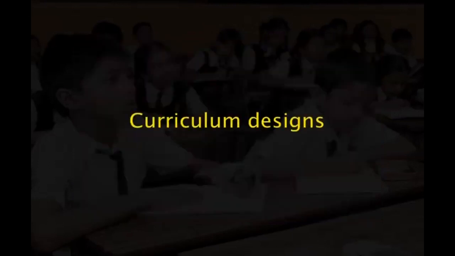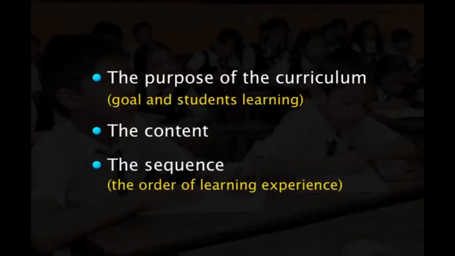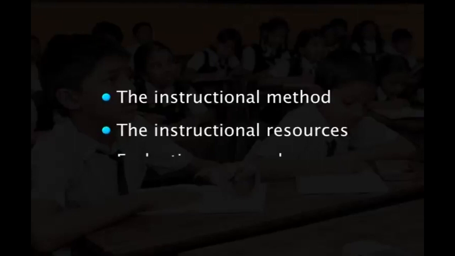Curriculum designs. The curriculum is an academic plan which should include the purpose of the curriculum, that is the goal and students' learning, the content, the sequence, that is the order of learning experience, the instructional method, the instructional resources and evaluation approaches.